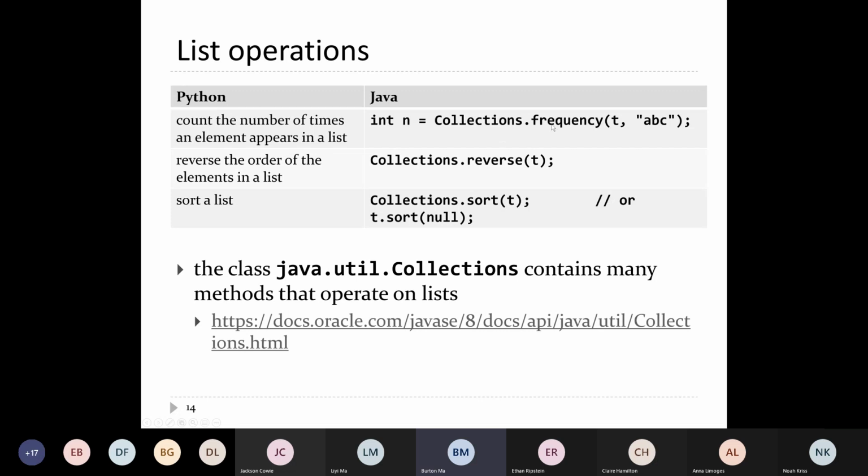One example of a method in the Collections class is this thing called frequency. Now, Collections is what's called a utility class in Java. A utility class is a class where all the features are public and static. What that means is that to use any method in Collections, you always use the name Collections dot.